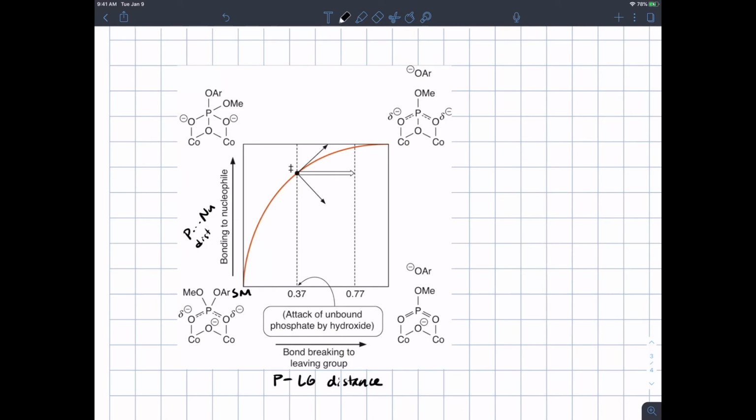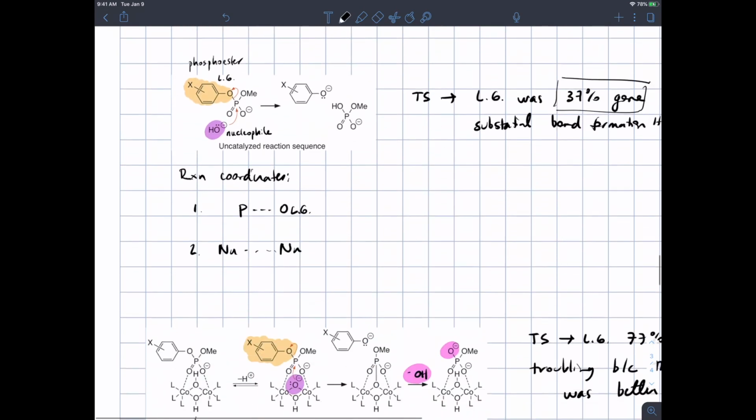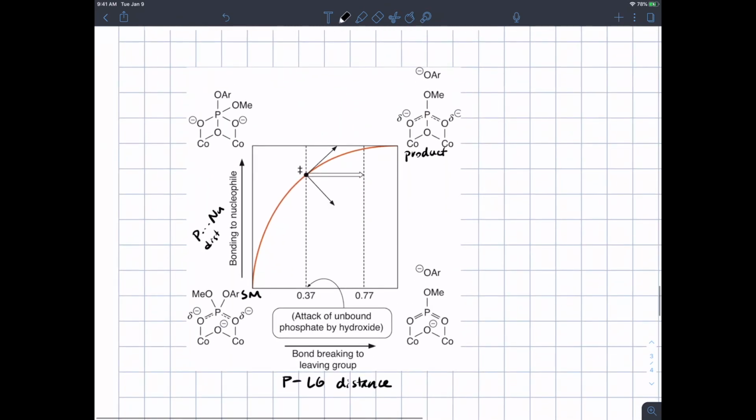Here you have starting materials, and here you have product. And this is kind of backwards from what we did above. Above we had starting material in the upper left and products in the lower right. Now we're starting with starting material in the lower left and products in the upper right. Here the starting material is phosphoester bound to catalyst.